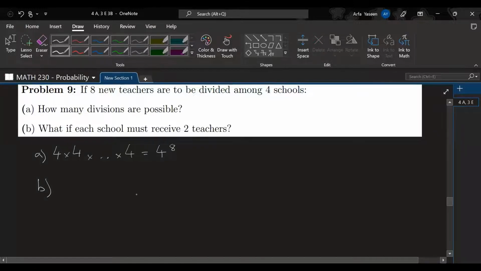And for that we will again do 8 choose 2.